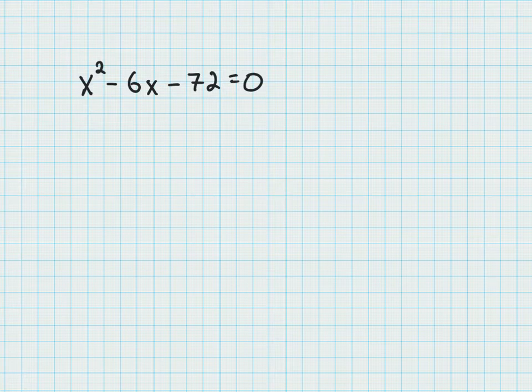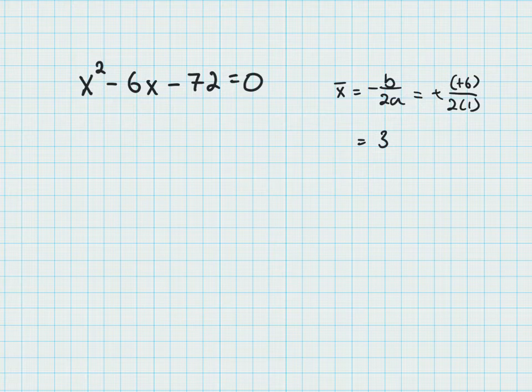That x bar squared, the average, minus u squared is going to be 72. So let's find out what x bar is first. Again, -b over 2a. The opposite of b, here b is -6, over 2 times 1. Clean that one up, double negative is positive, we end up with a 3.